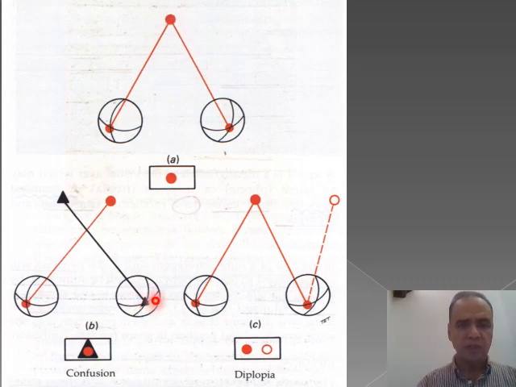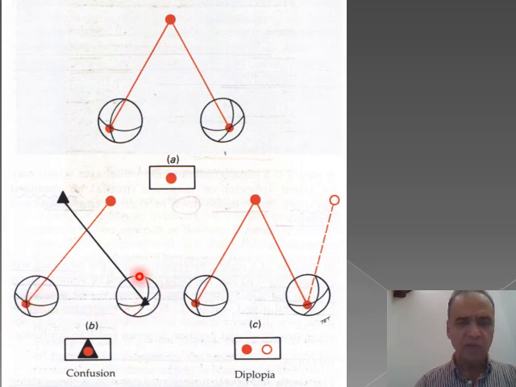When there is a deviation of the eye, for example right convergent squint or right esotropia, this red object by its visual axis stimulates the left fovea.